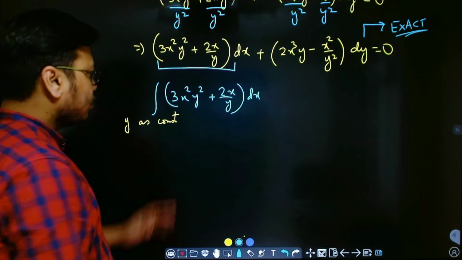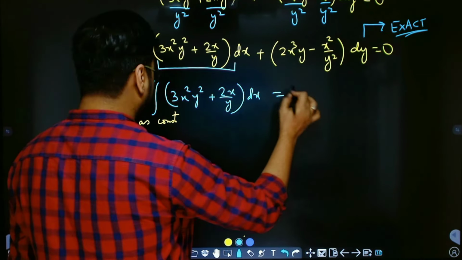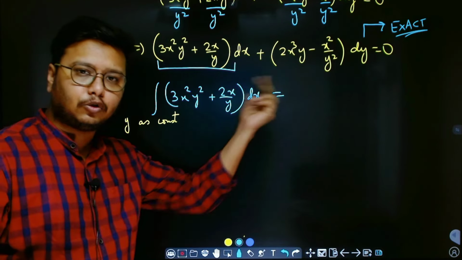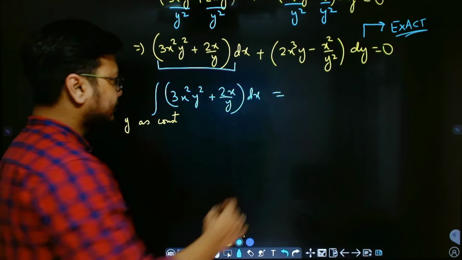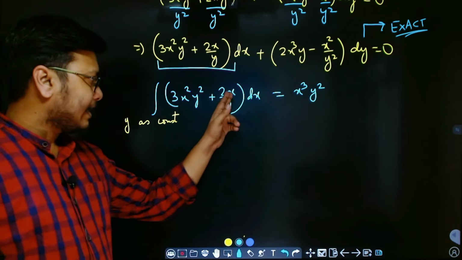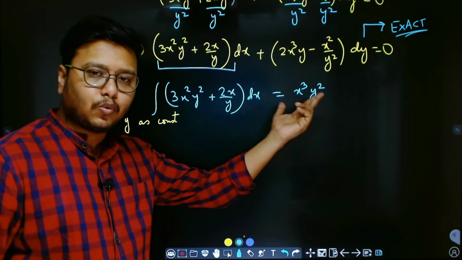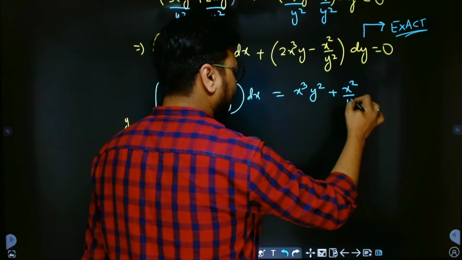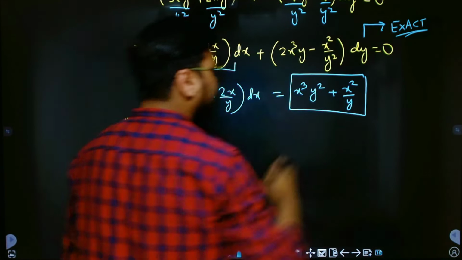If I do this integration, x square integration is going to be x cube by 3. The 3 will get cancelled, so I'll have x cube y square. Then again integration of x would be x square by 2. The 2 will get cancelled, so plus x square by y. So this is the value from the first integration.